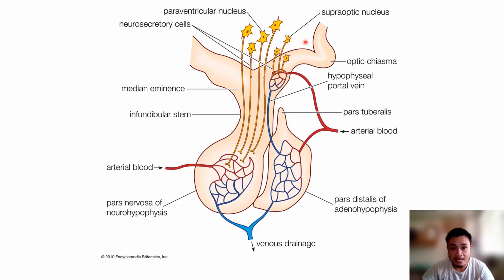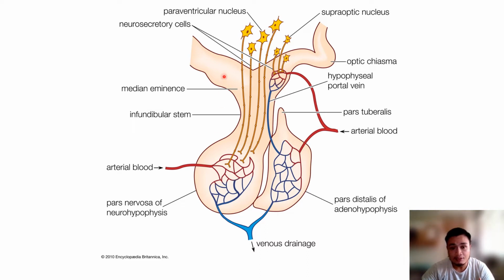These nuclei, again, these are bundles of nerves that are nagre-release ng mga releasing and inhibiting hormones. They release such hormones in this portal system. It is a portal system because it is a closed system, so yung mga nare-release na hormone dito from the hypothalamus part reaches the anterior pituitary via this system of blood vessels, the hypophyseal portal system.